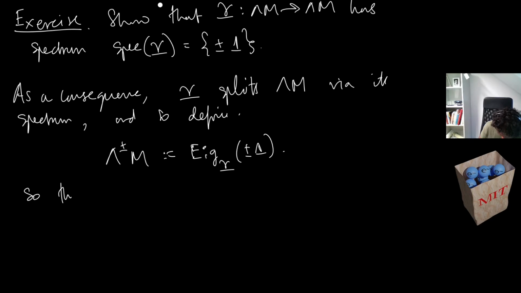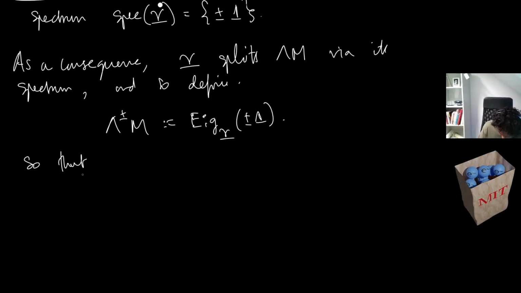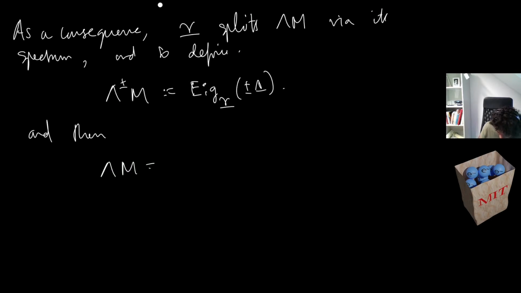Then we have that the full differential forms split into Omega plus of M plus Omega minus of M.